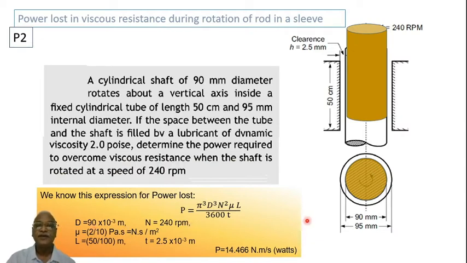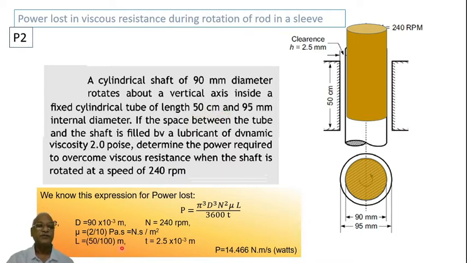The inside diameter D is given as 90 into 10 raised to minus 3 meters, because 90 is given in millimeters and we will be operating in Newton second meters, so it has to be converted into meters. Then length is given as 50 centimeter, so again this has to be converted into meters by dividing by 100.